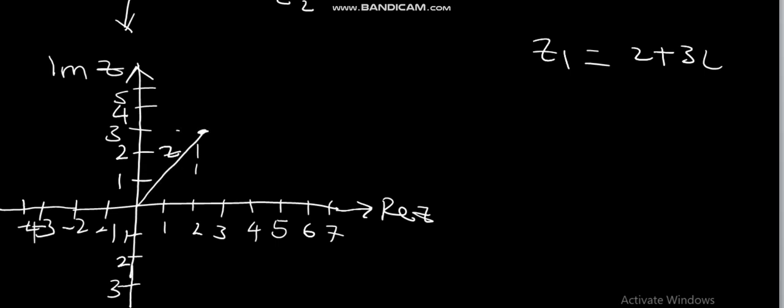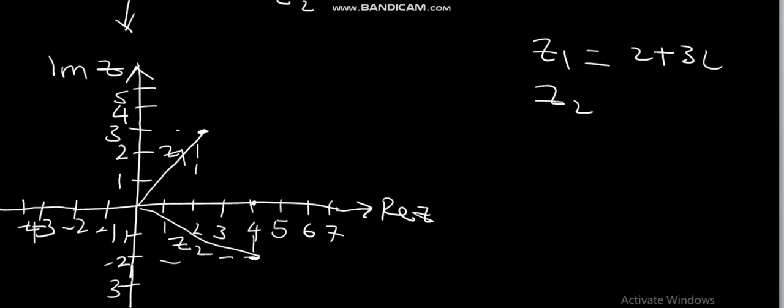So that is our z1, and our z2 is 4 minus 2i somewhere there. So that is our z2.